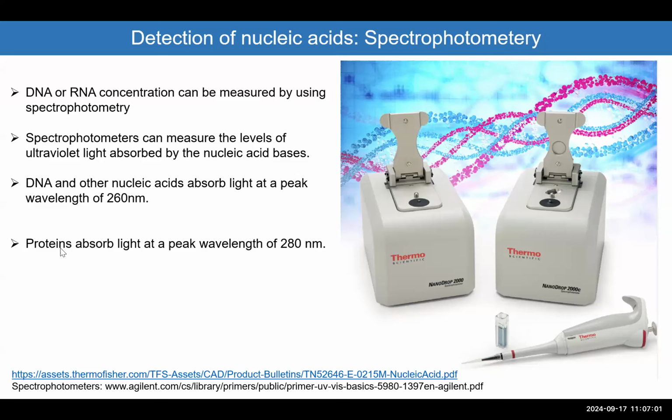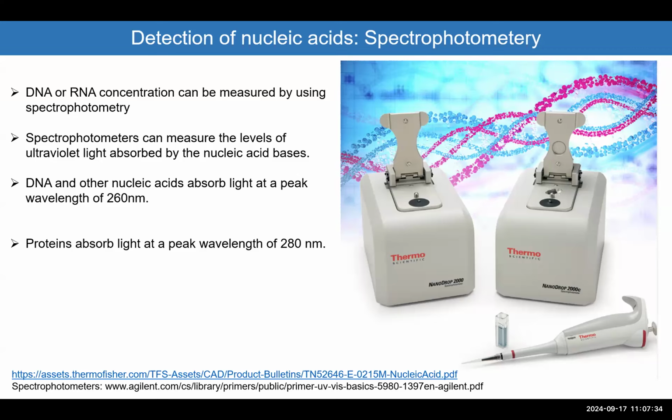Now, the first distinctive parameter we have to take into consideration is that proteins absorb light mostly at 280 nanometers. So if I give you two samples right now, two tubes, and I tell you which one is protein, which one is DNA, if you directly go to a spectrophotometer and you look at the peaks, the peak that comes mostly at 260 is most probably DNA, and the peak that comes at 280 is most probably protein.